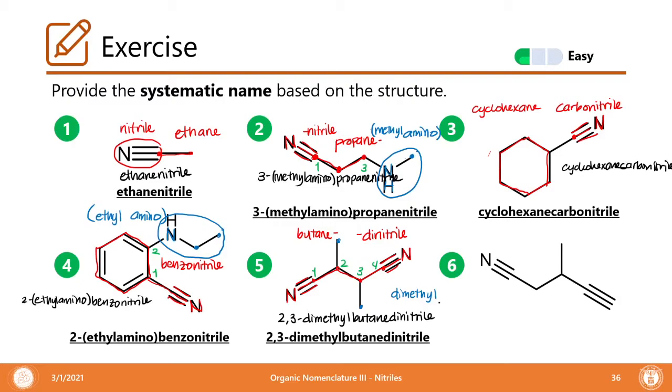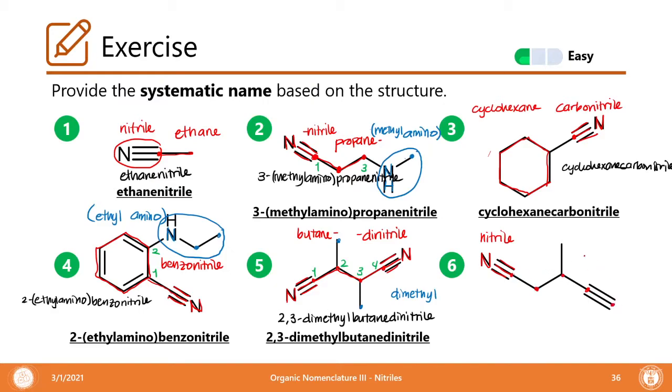Okay. And then for number 6, here we have a nitrile group. Let's find the longest chain. 1, 2, 3, 4, and 5.